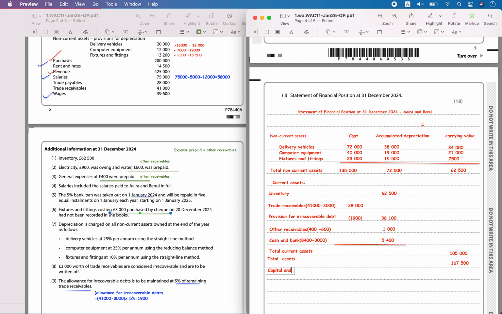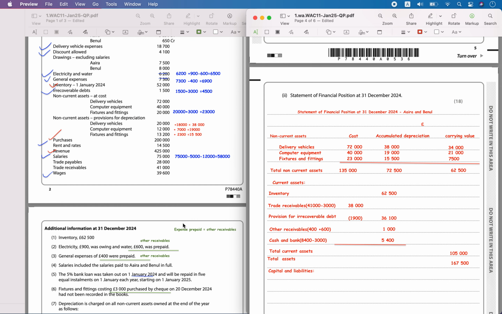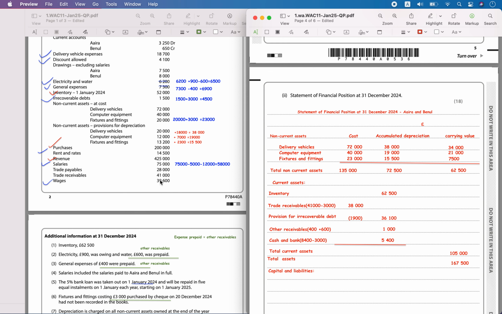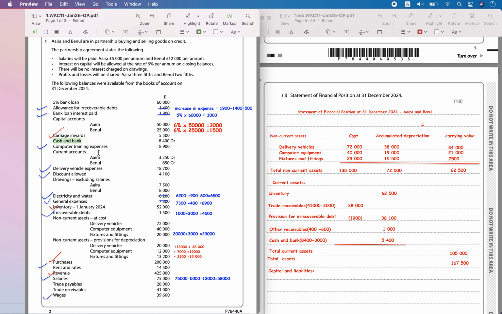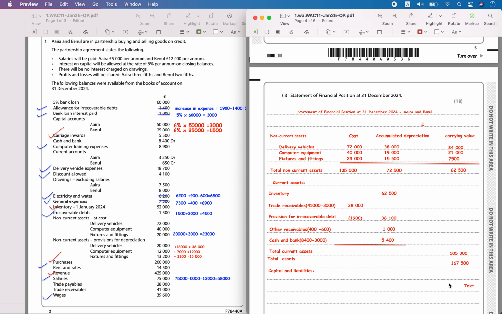So capital and liabilities section. First one is capital. So the closing capital, the capital were 50,000 and 25,000.